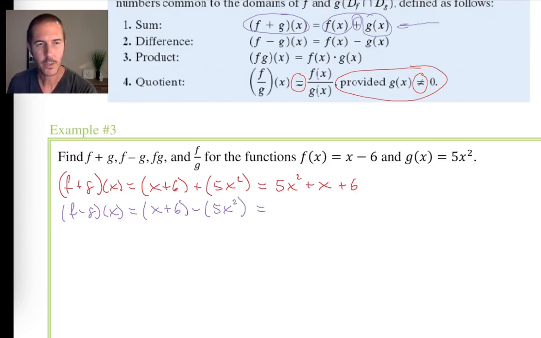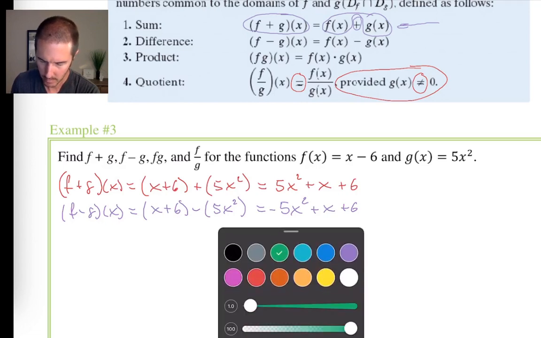Again, not a lot to do here, except I would change the order, and that minus sign is modifying the 5x squared. So I would write this as negative 5x squared plus x plus 6. Let's also do, let's switch colors again.